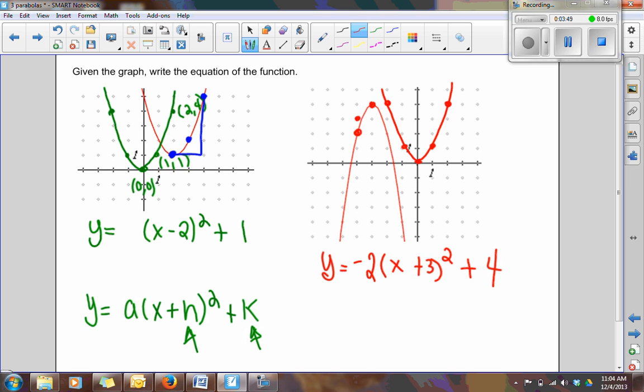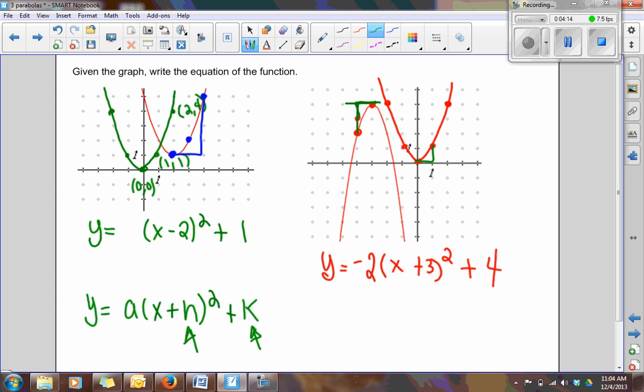So this transformation, we can tell that a has been multiplied by 2 because it's got a vertical stretch. It's skinnier, and instead of going 1 over 1 down, we're actually going 1 over 2 down to get to the first point. And it should be 8 down for the second point.